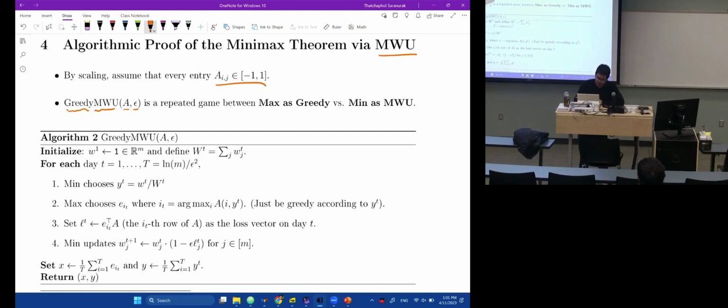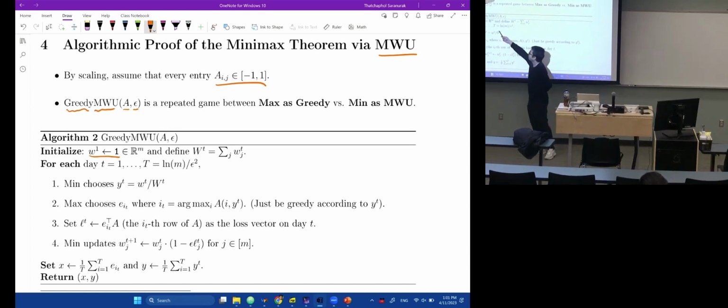The algorithm is like this. Start with, again, I use the weight. Initialize the weight to be uniform, all 1. And the total weight is just W_t again.